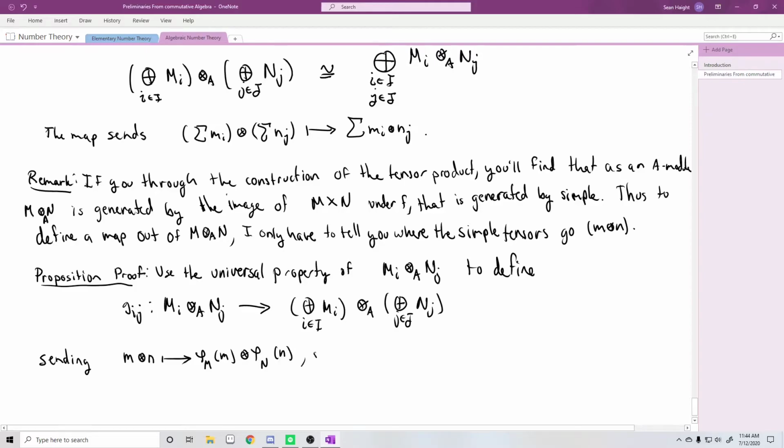Where phi from blank to this big direct sum. I'll just tell you what phi_m is, and phi_n will be similarly defined.